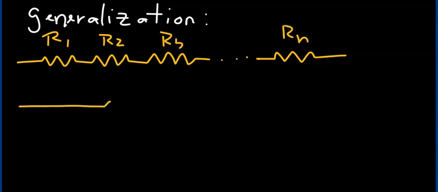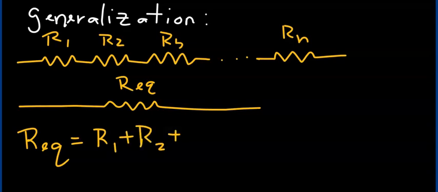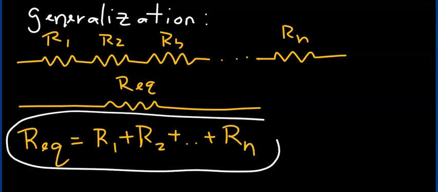And we want to create a circuit with just a single resistor with resistance Req. So in this case, the equivalent resistance Req is quite simply the sum of the original resistances, R1, R2, all the way to Rn. So this is the generalization of equivalent resistance for any number of resistors in series.